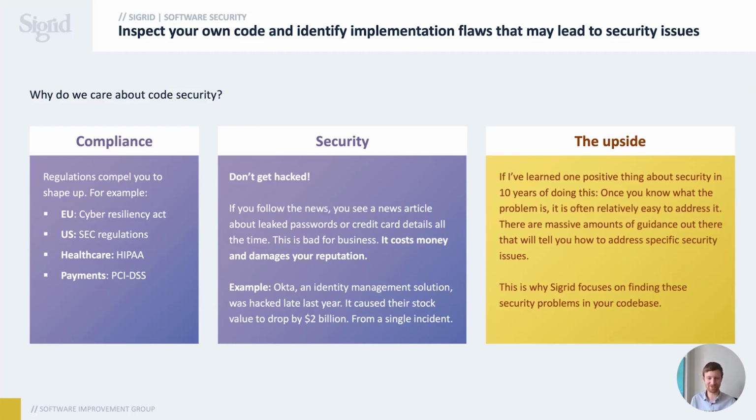There are books, articles, e-learnings, everything is out there. But of course, first you have to know, do I have a problem? Once you do know, there's a lot of guidance out there. So this is why Sigrid focuses on finding out if there are problems, because that's the hard part of the whole security game.